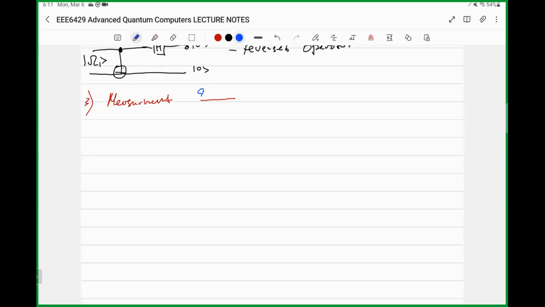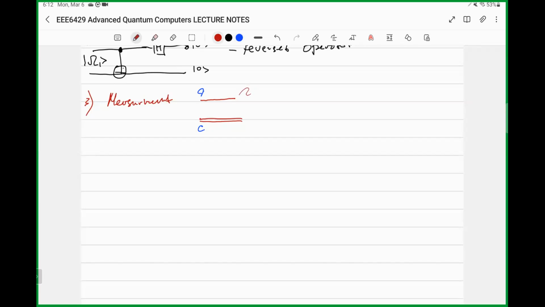So this is the Q, the qubit. The classical state is represented by two parallel lines, like this. So this is the state C, basically the number that we measure in the lab, or as a result of our quantum computer simulation.